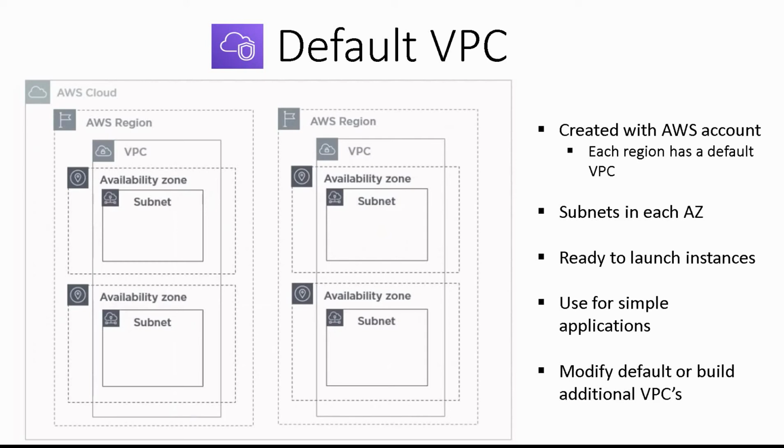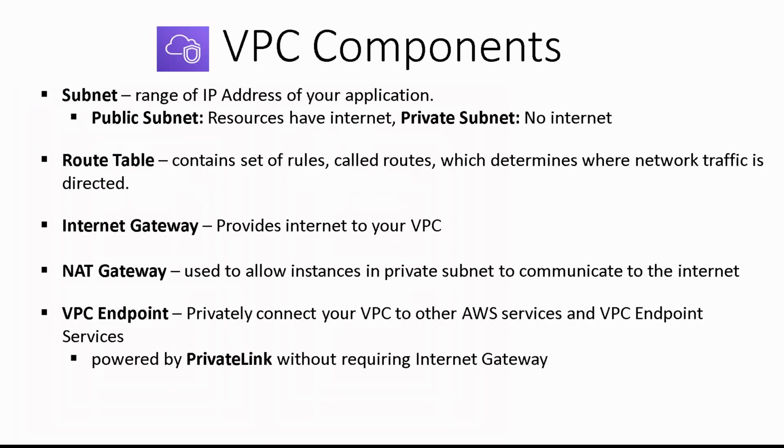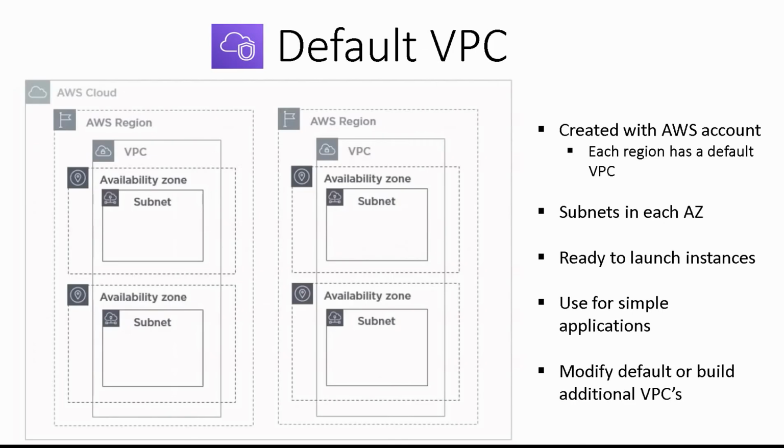All defaults will be given and you get one VPC setup ready for you, especially when you create an EC2 instance as a virtual machine, for example. But generally in production, the default VPC is not suitable. We will go with a custom VPC definition.